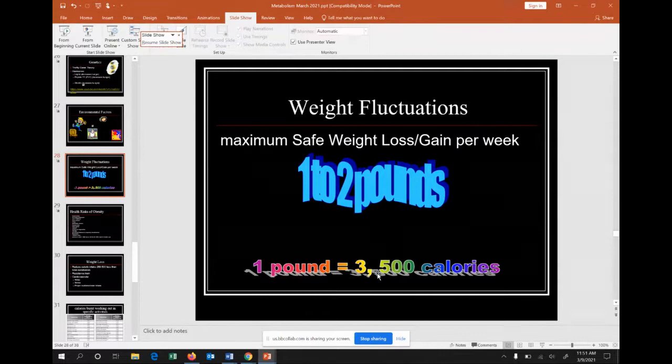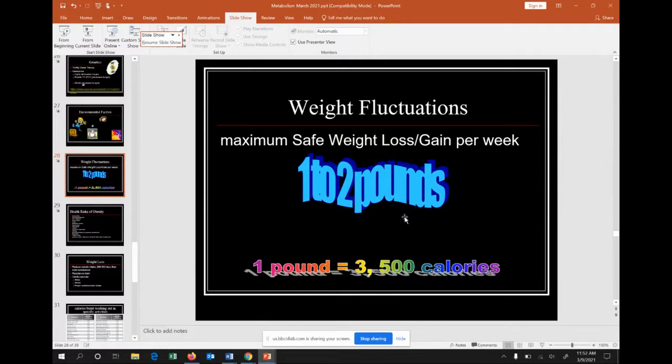So 200 deficit of eating, 150 excess exercise, that's 350 calories a day. It would take you 10 days then to lose a pound of weight. All right. So we want to do it slowly. We don't want to make big changes off of that total metabolism. But this is the safe weight loss per week.